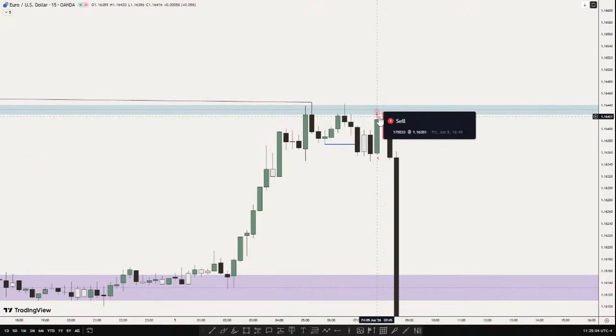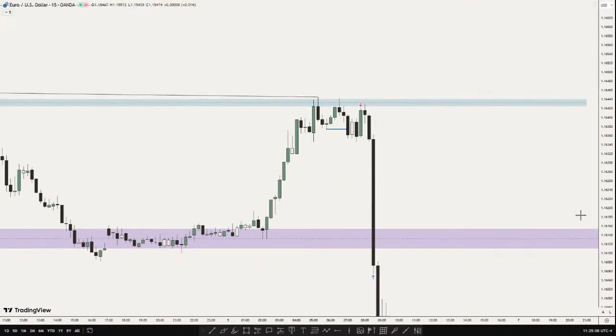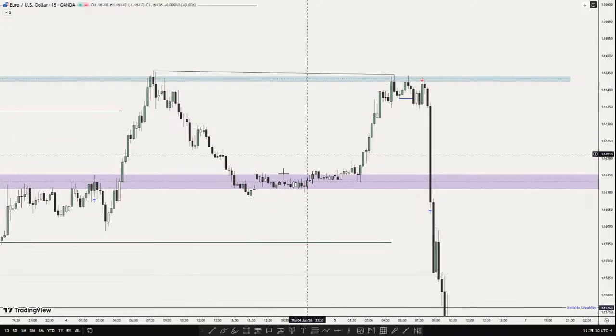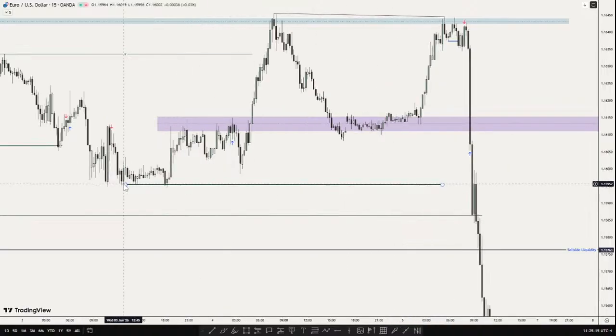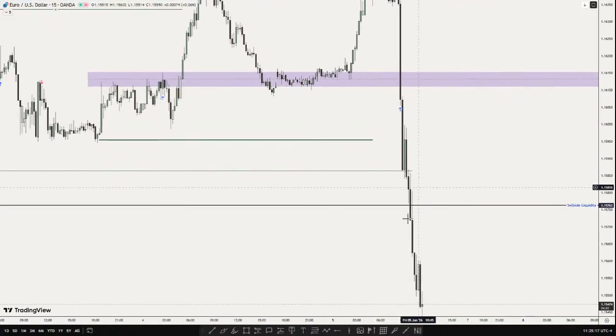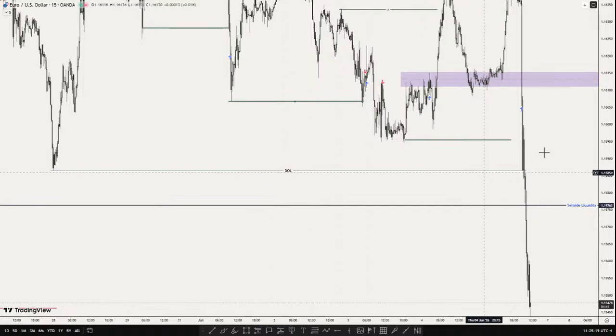I took the entry here and then put my stop above the SMT highs, and price went straight towards the new day opening gap. I was expecting price to go towards the new day opening gap and also towards the sell side liquidity here and the draw on liquidity here.